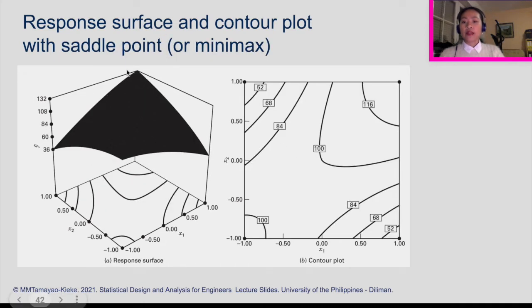Okay, and this one is an example of how a response surface with a saddle point would look like. So you actually have minimax here. So as you can see, you can identify the direction where you have maximum response, and the direction where you would have minimum response.